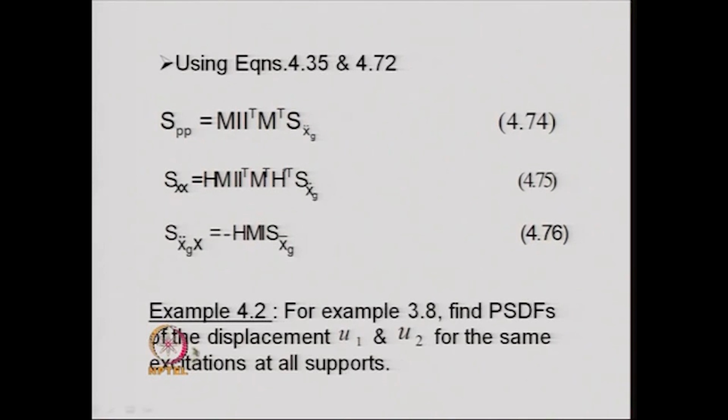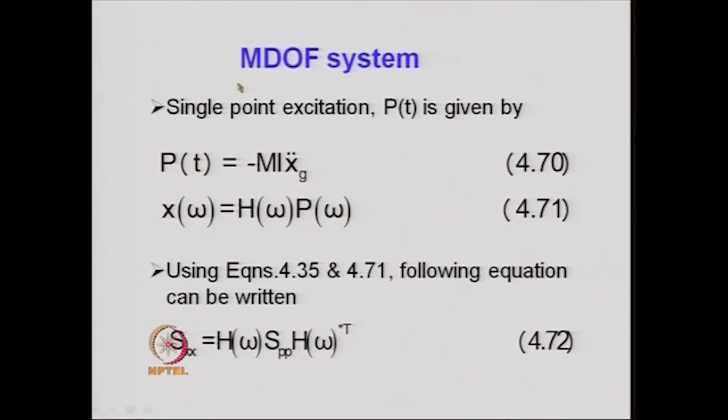Now, in case of the single point excitation system, SPP turns out to be M I into I T M T into Sx double dot G, and this follows from the relationship that Pt is equal to minus M I x double dot G. Therefore, if we wish to write down the value of SPP, it will be M I into Sx double dot G multiplied by I T M T, that is A Sx A T, that we have discussed just now.